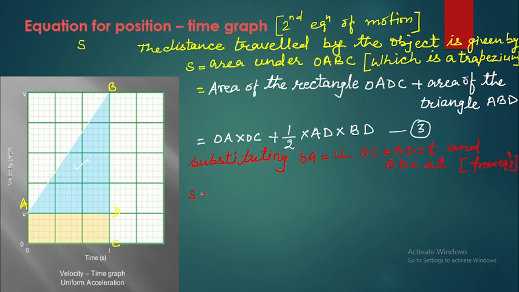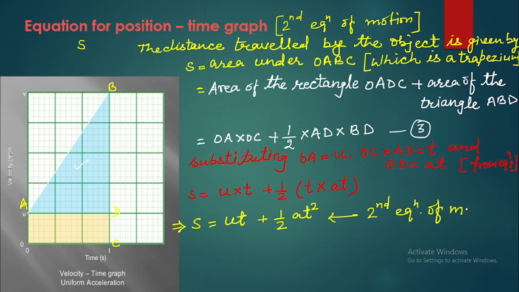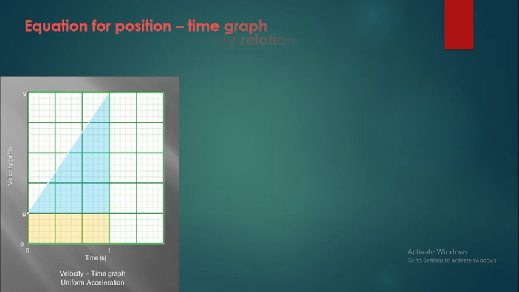So S is equal to U into T plus half into small t into AT. S is equal to UT plus half AT square. This is the second equation of motion.